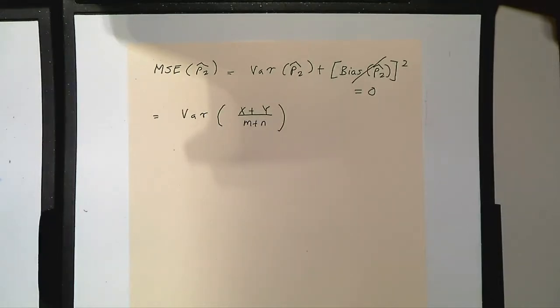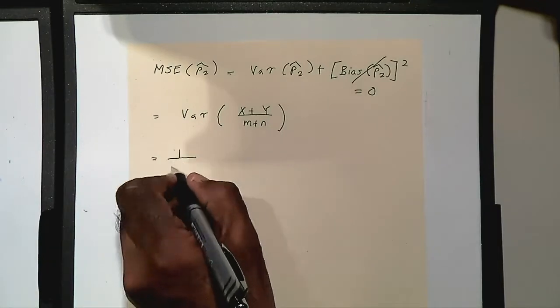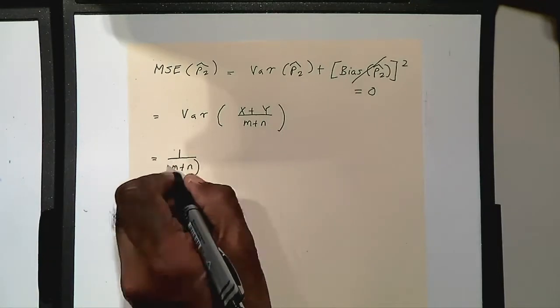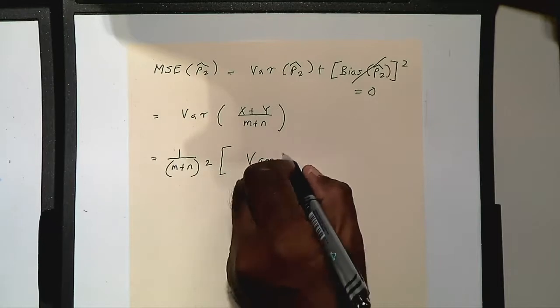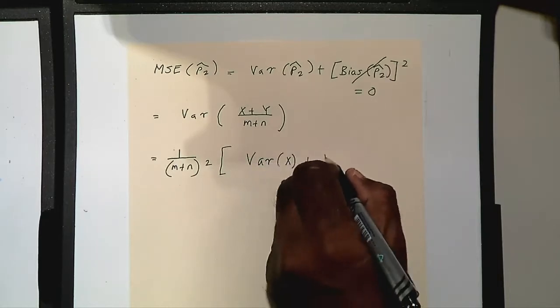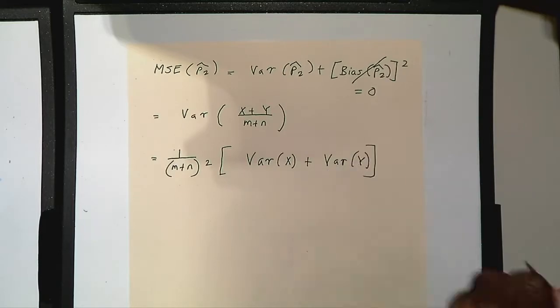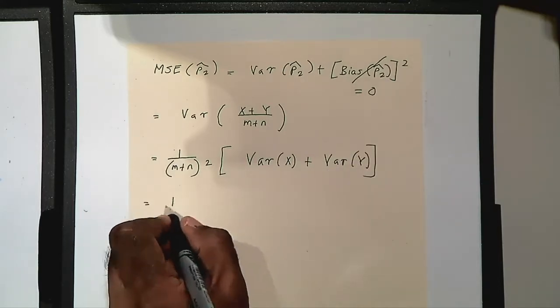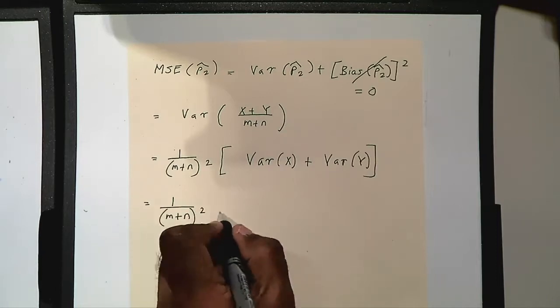Taking the variance inside, this becomes 1 over m plus n squared, in brackets the variance of x plus the variance of y. So this is 1 divided by m plus n squared.